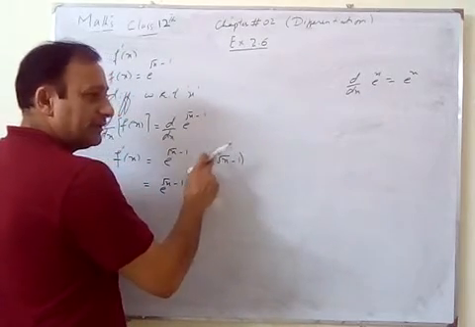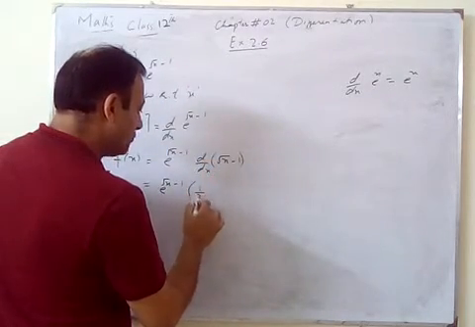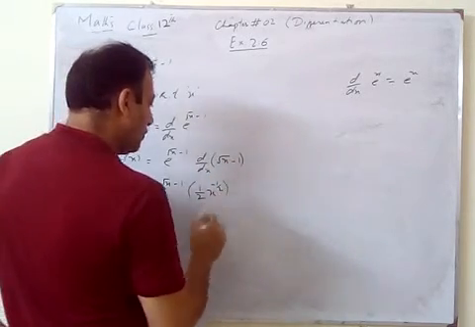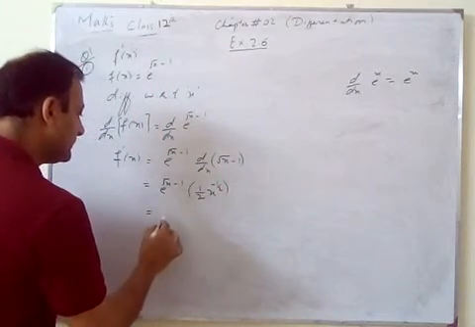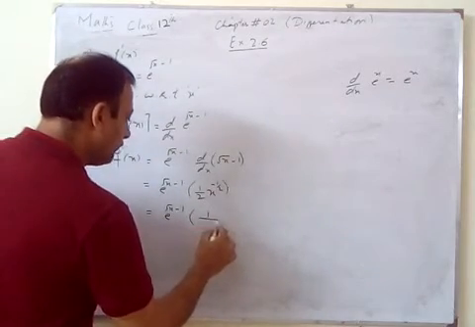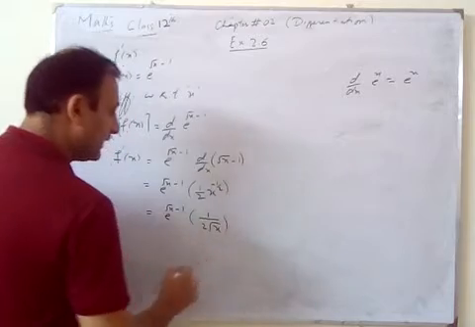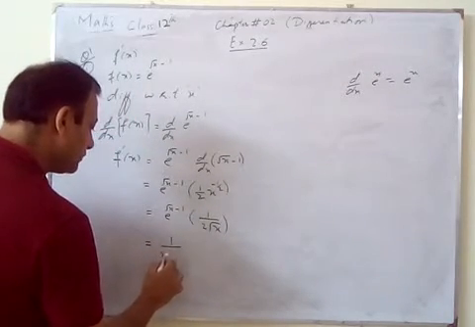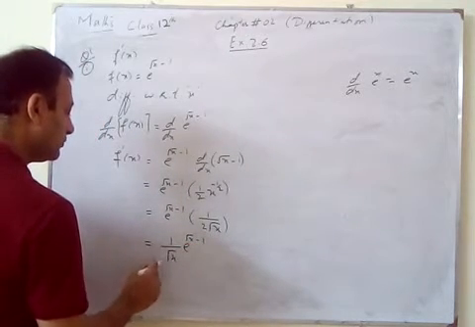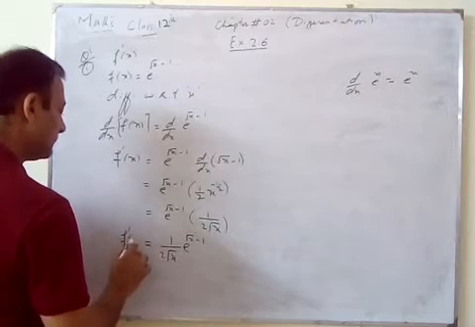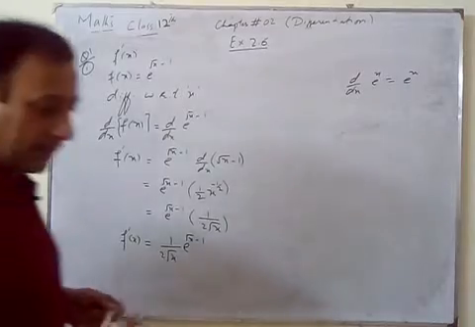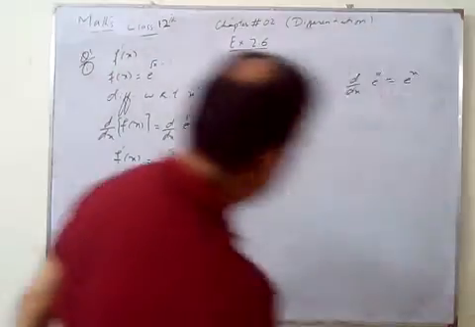The derivative of x power 1 by 2 is 1 by 2 x power minus 1 by 2, and the derivative of 1 is 0. So it can also be written as e power square root of x minus 1 into 1 divided by 2 into square root of x, or 1 divided by 2 into square root of x times e power square root of x minus 1. So this is the derivative of the given function f of x. I will solve one or two more from this.